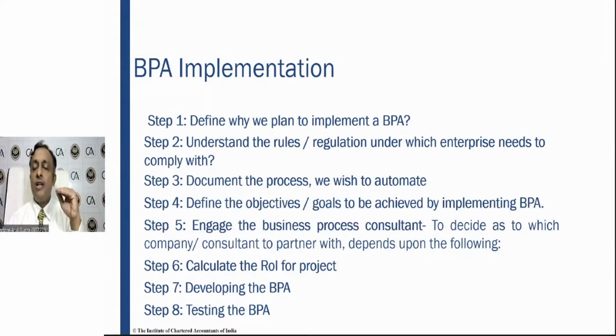Today, whatever activity we do, statutory compliance has become very, very important. So even when you're going for business process automation, you have to see what statutory compliances, what rules and regulation compliances are built into it. Then document the process you want to automate. Very important.